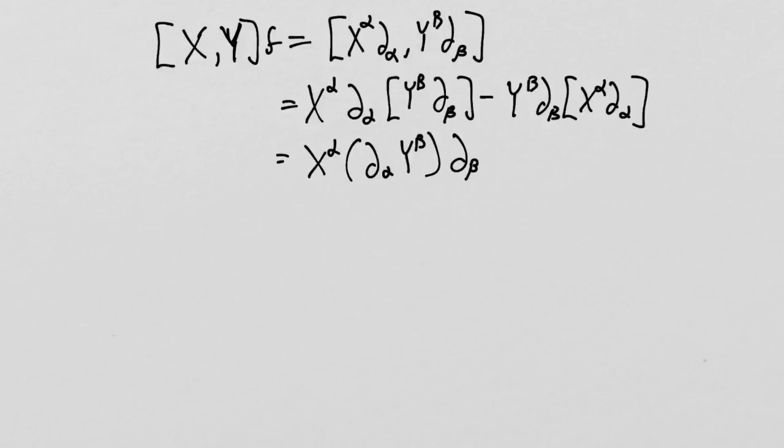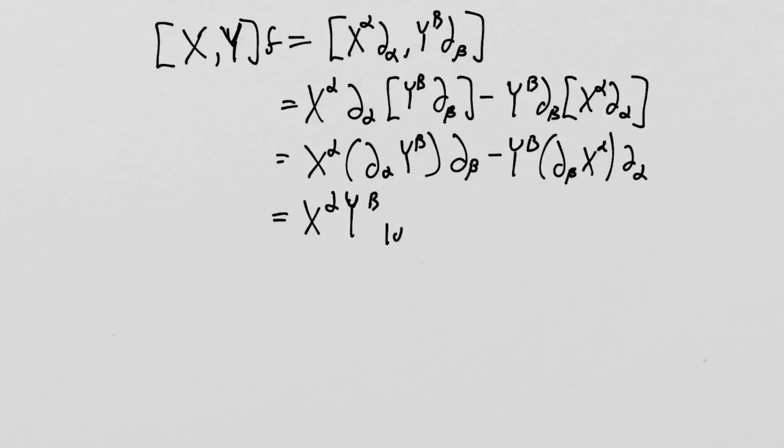And on this side it's y beta partial beta of x alpha, partial alpha. And then this is written x alpha y beta slash alpha partial beta, minus y beta x alpha slash beta partial alpha.